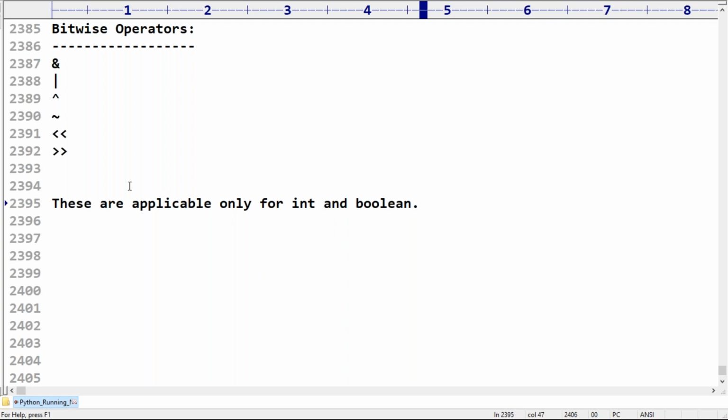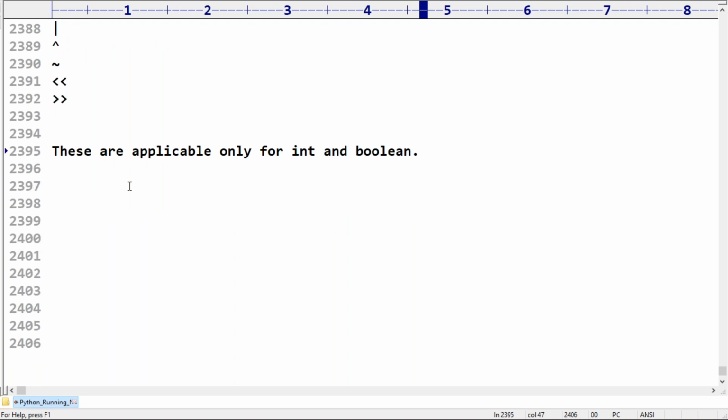Take very special care about this terminology.